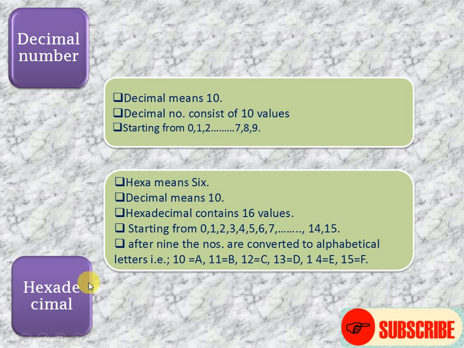Now friends, in hexadecimal number system, 0 to 9 we write in numbers like 0, 1, 2, 3, 4, 5, 6, 7, 8, 9, but after 9, means from 10, 11, 12, 13, 14 and 15, we use some alphabetical order. Like for 10 we write A, for 11 we write B, for 12 we write C, for 13 we write D, for 14 we write E, and for 15 we write F.